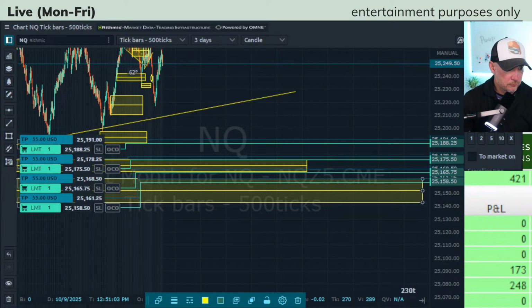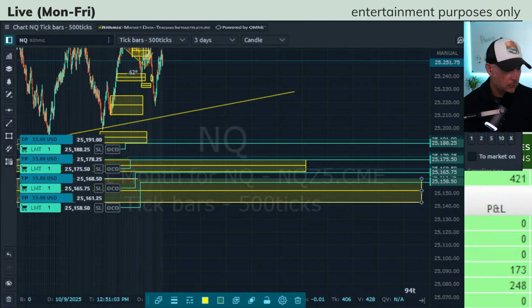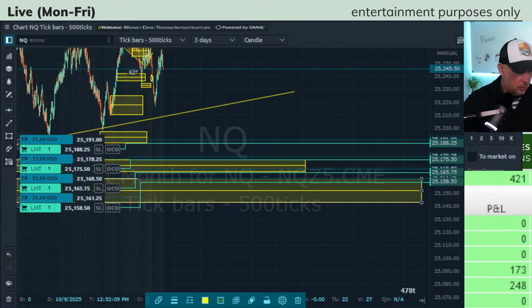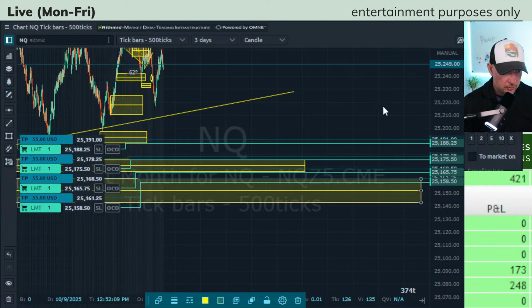Okay, Russell's pulling back a little bit. We got out of one mini. Okay, Russell's definitely pulling back. It's halfway. I guess it's similar to what the Nasdaq is doing right now.